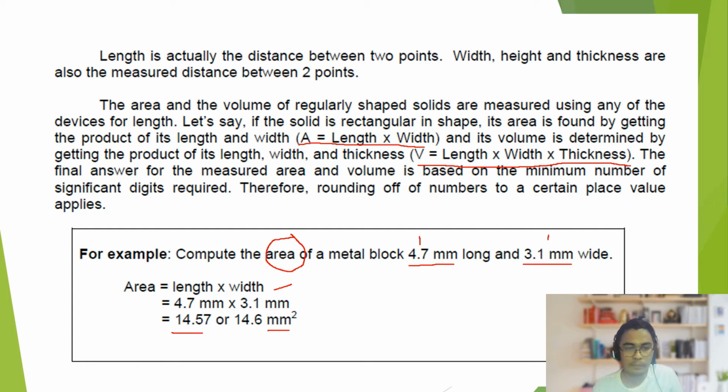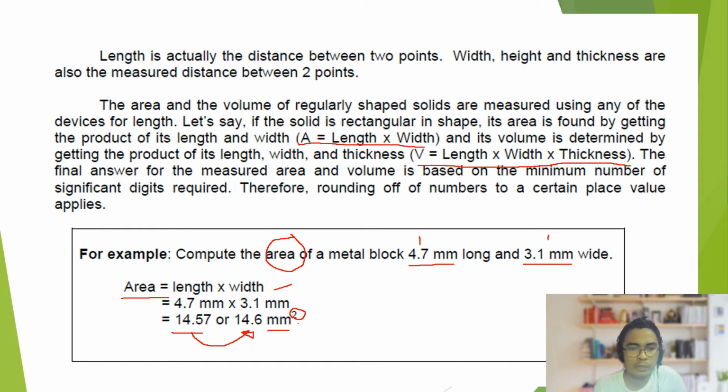Okay, so that is millimeter times millimeter. That gives us square millimeter. Okay, so take note, we have here an exponent of 2, since again area is two-dimensional. Okay, so take note that na-round off itong 14.57 to 14.6. Why is that so?